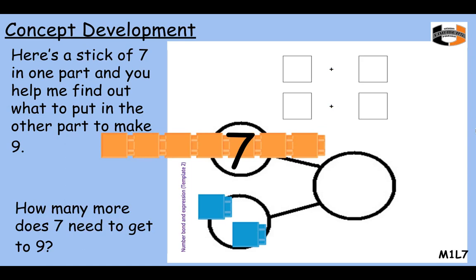So how many more does 7 need to get to 9? 2. 7 and 2 make the total of 9. So now we can fill out our expression boxes. 7 plus 2 equals 9, and 2 plus 7 equals 9.